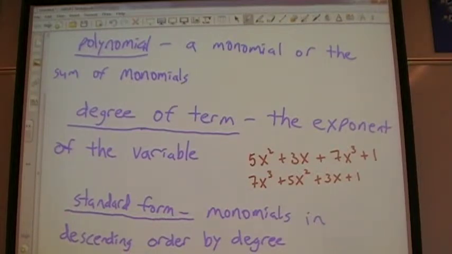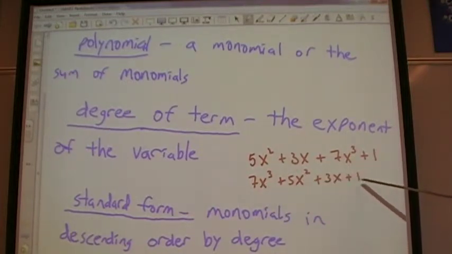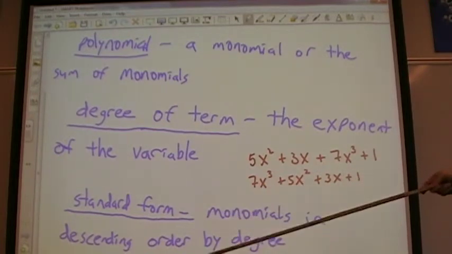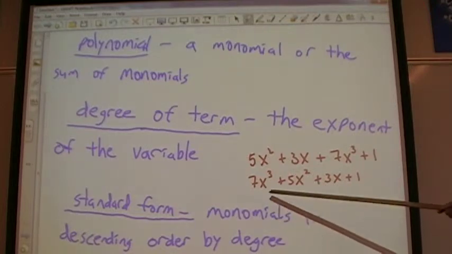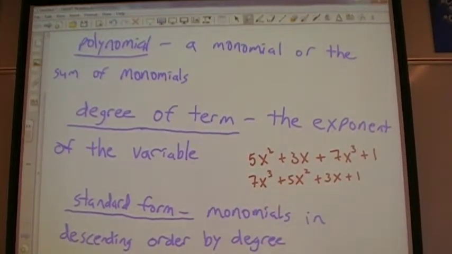Monomial. 2 terms, binomial. 3 terms, trinomial. Anything over 3, you just classify by the number. So like I just did here, I called this a cubic polynomial of 4 terms. If there was another one, it'd be a polynomial of 5 terms. Alright, you also got to classify it by degree, which we say cubic. You got to know the first 5.